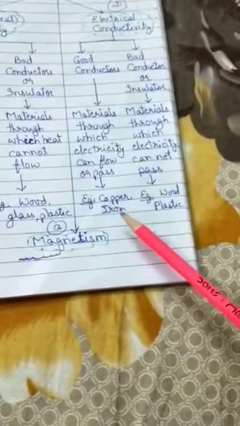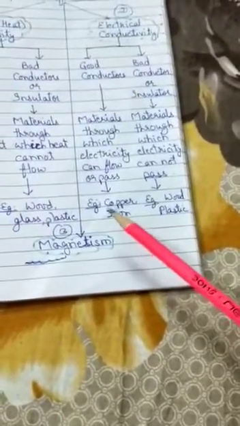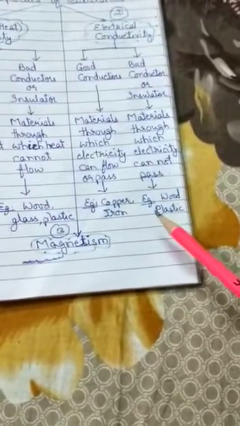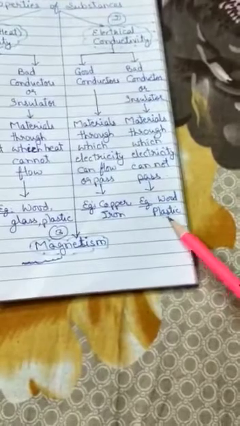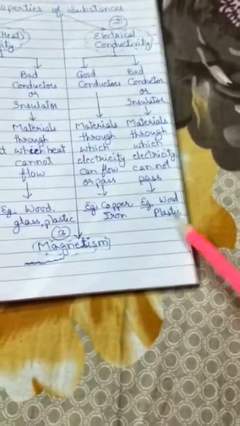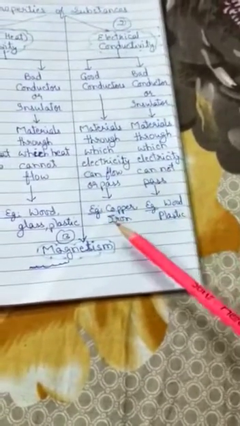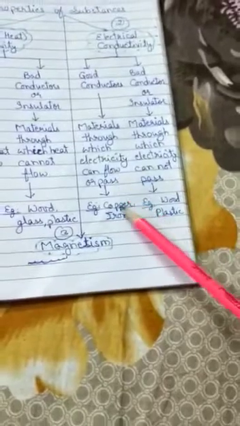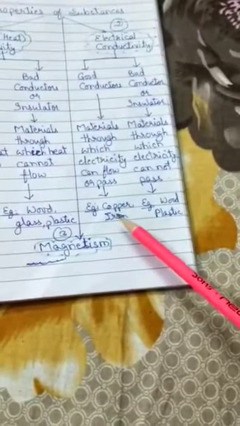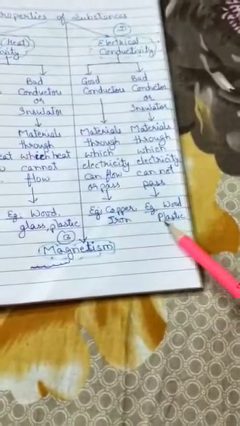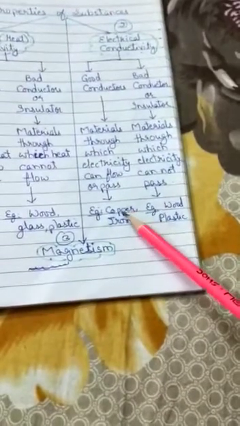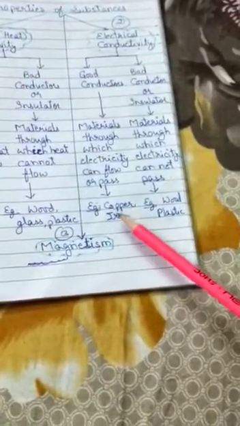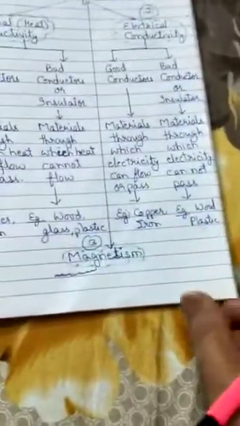That is why in your home, you will observe that your wires are usually covered with plastic, or your switches are made of plastic, right? And the wires used inside the plastic are made of copper, right? Why? Because they are good conductors. Is it clear?